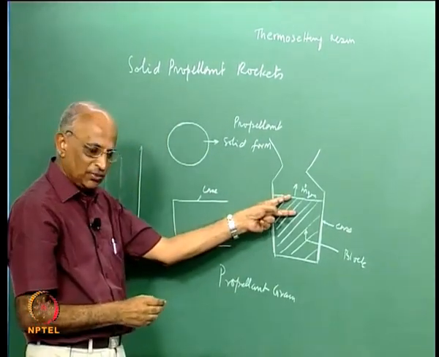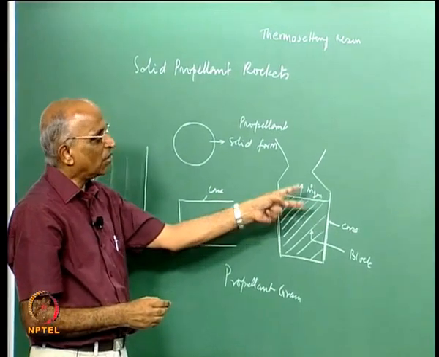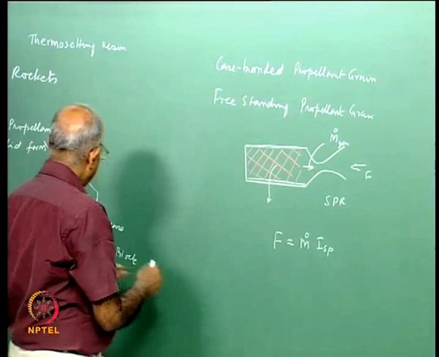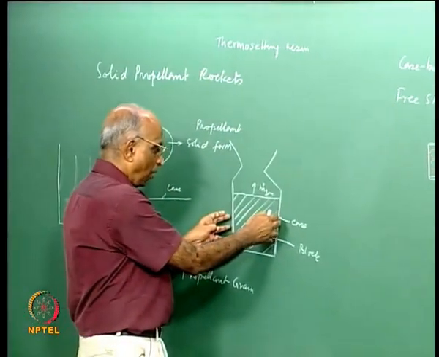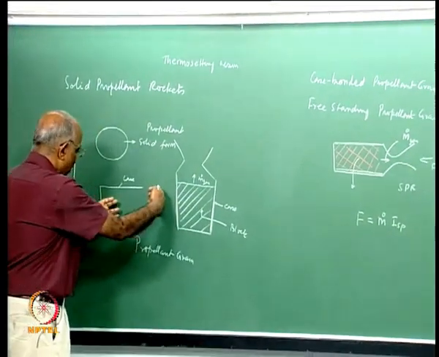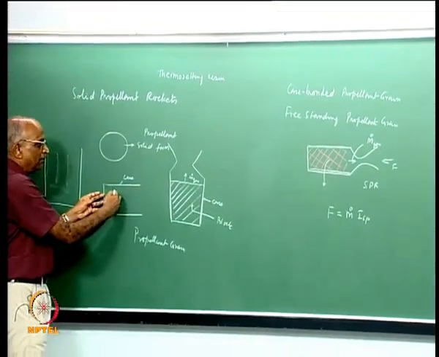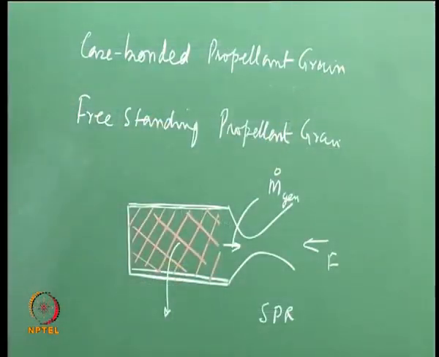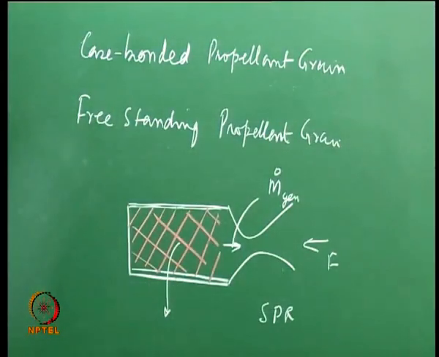These propellant grains could either be directly bonded in a case or the hardware of a rocket, or it could be done elsewhere and just shoved inside the case, in which case it is known as freestanding. The other one is known as case bonded. I think this is all about the terminologies.